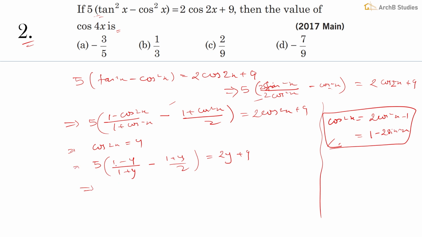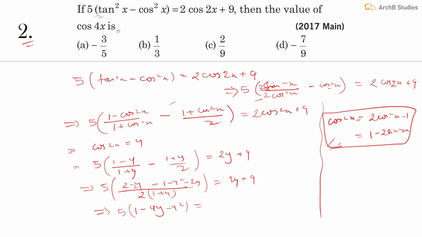Now let's solve this one. 2 into 5 into 1 minus y, 2 minus 2y, minus the whole square of this. So it will be 1 minus y square minus 2y equal to 2y plus 9. 2y, 2y, 4y, 2 minus 1, 1 minus 4y minus y square.